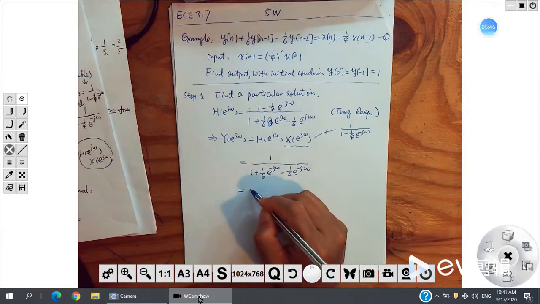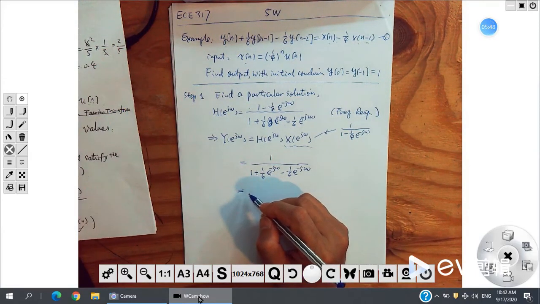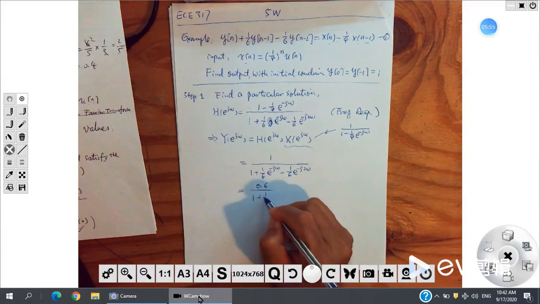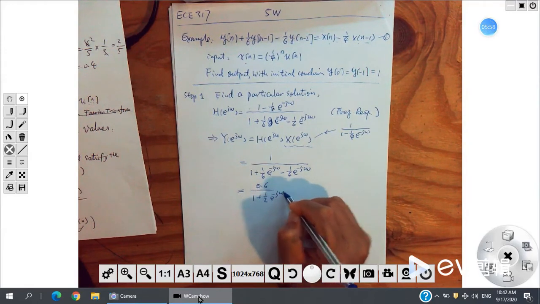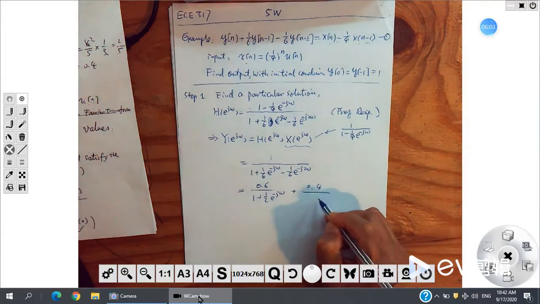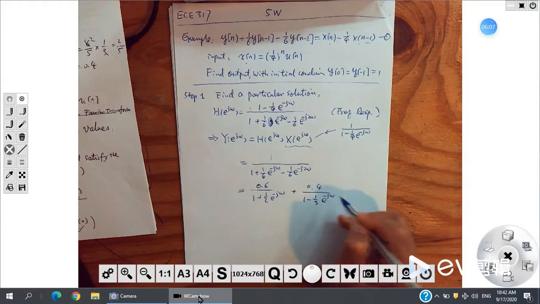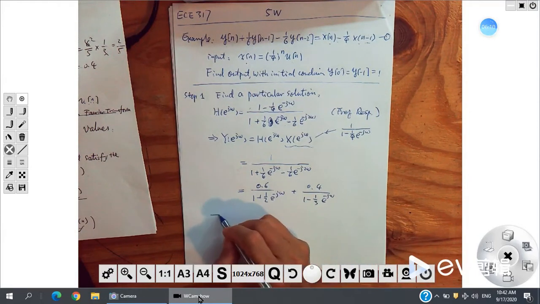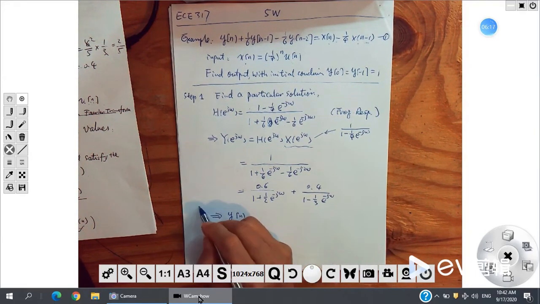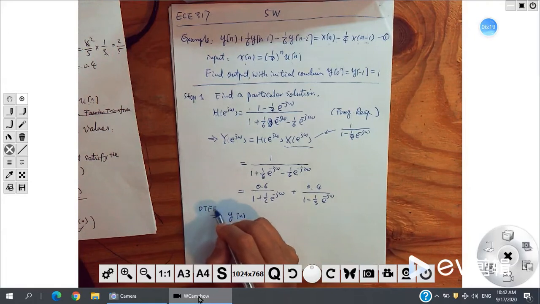we can have, okay, I just copied the result of last time. It is A equal to 0.6 over 1 plus 1/2 e to the negative j omega, and B equal to 0.4 over 1 minus 1/3 e to the negative j omega. Alright, then we have the result in time domain, y of n, by inverse DTFT, discrete time Fourier transform.